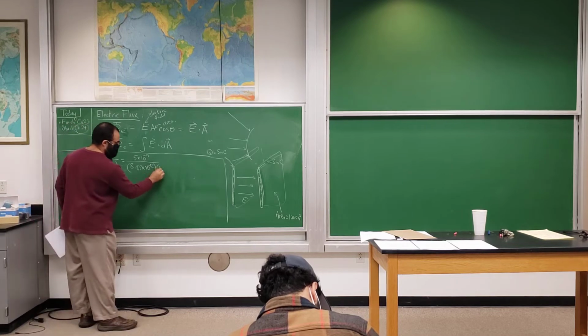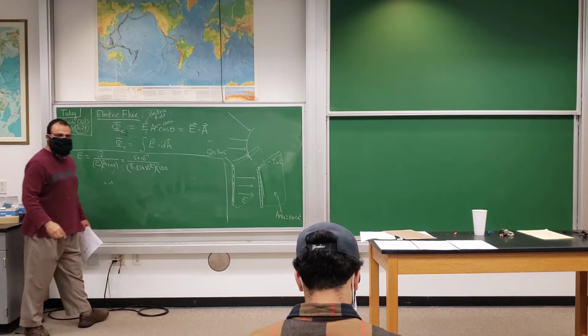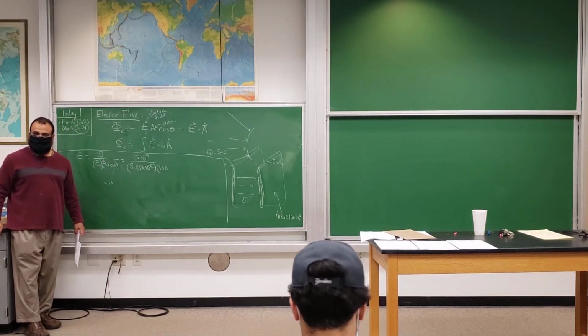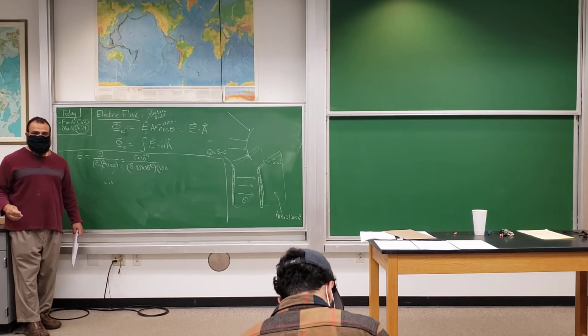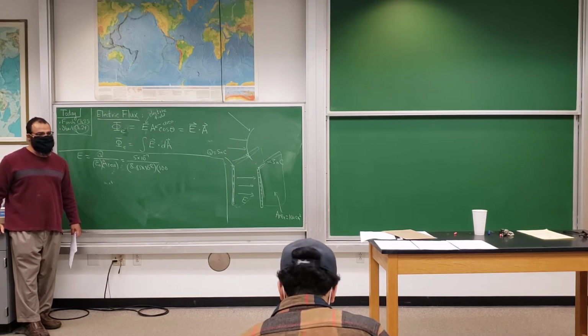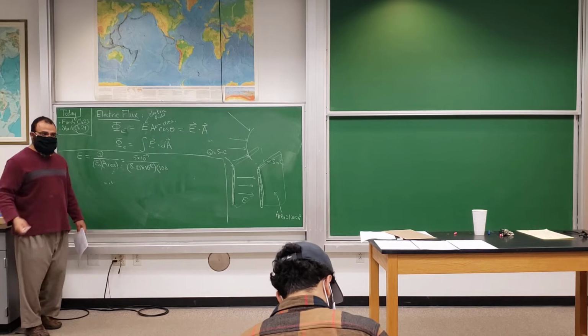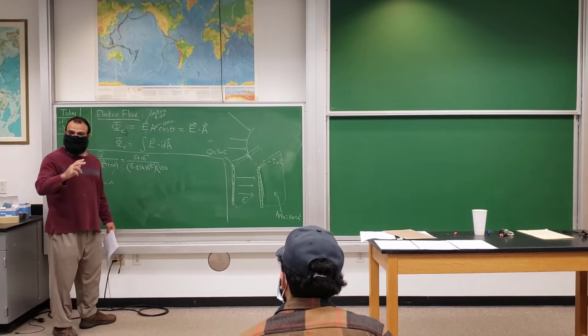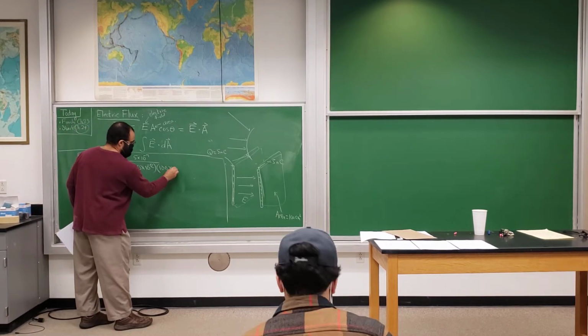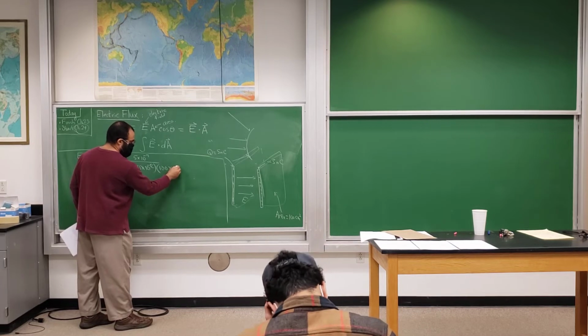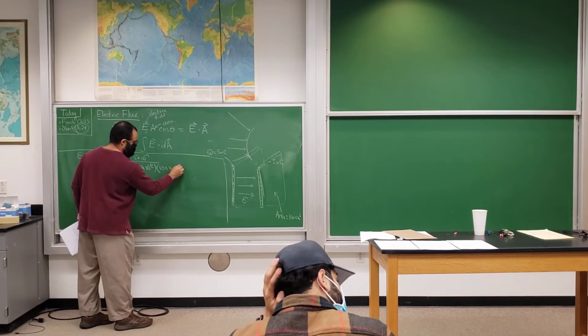So 100. But square centimeters are not the units we would like. We want square meters. So we multiply by a factor of 10 to the minus 4, because you have to do it twice. A centimeter is 100th of a meter, but we have centimeters squared, so it's to the minus 4.